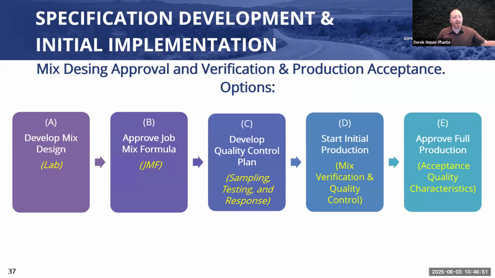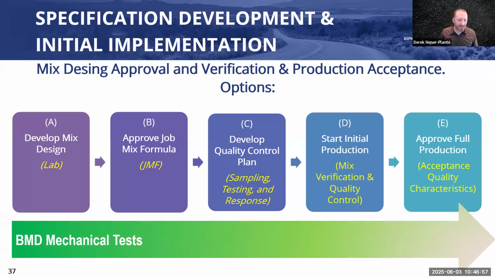And just to give you an idea what this looks like overall on a project, in step A here, we see BMD mechanical tests, certainly people are using it in mix design in the lab. They're using it to approve a job mix formula or a mix design. And maybe that's starting to get a plant-produced sample like Tim alluded to.